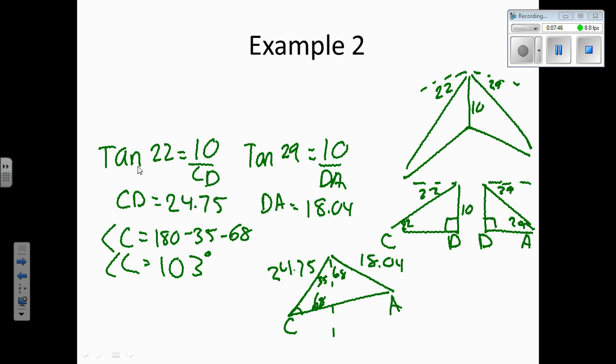Next, I need to find the distance, so I'm going to use cosine law.